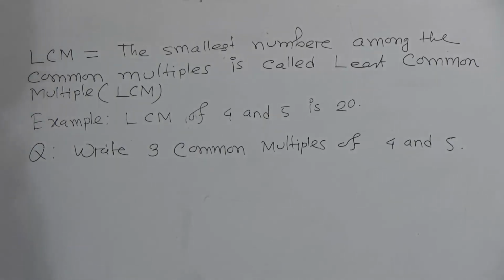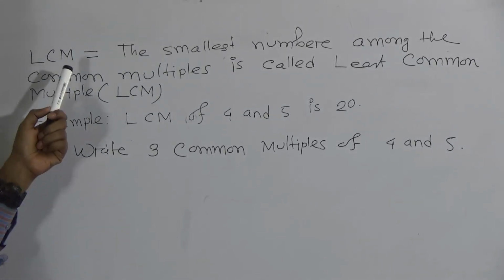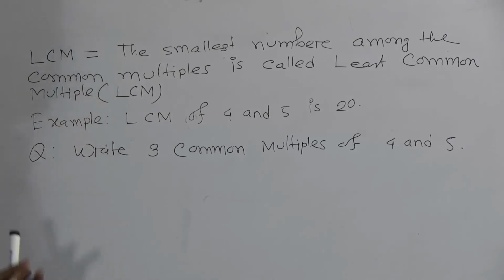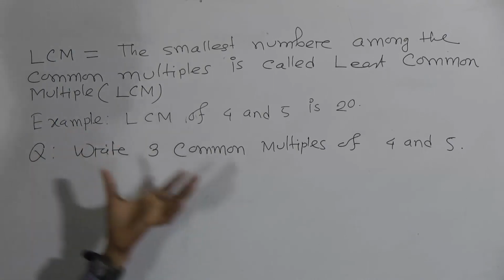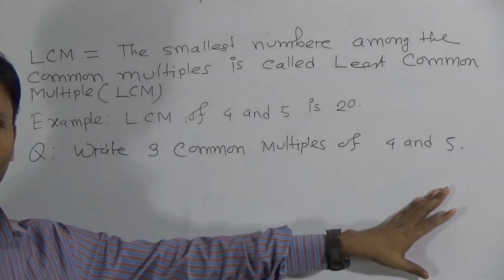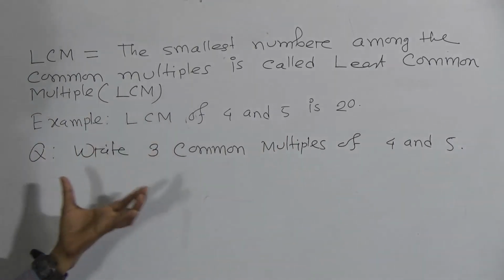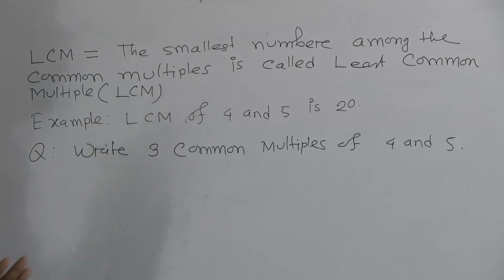Student, notice, I hope you didn't understand the definition of the LCM. Now I will describe at first how you can determine the common multiples of 4 and 5. After showing the common multiples, you will understand the definition.